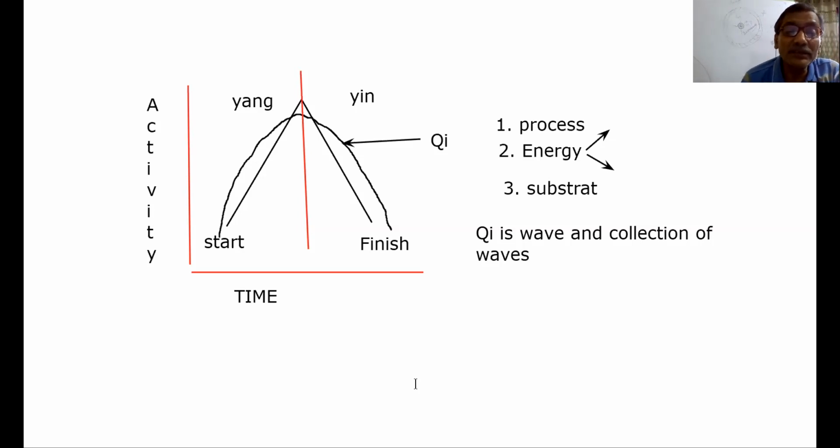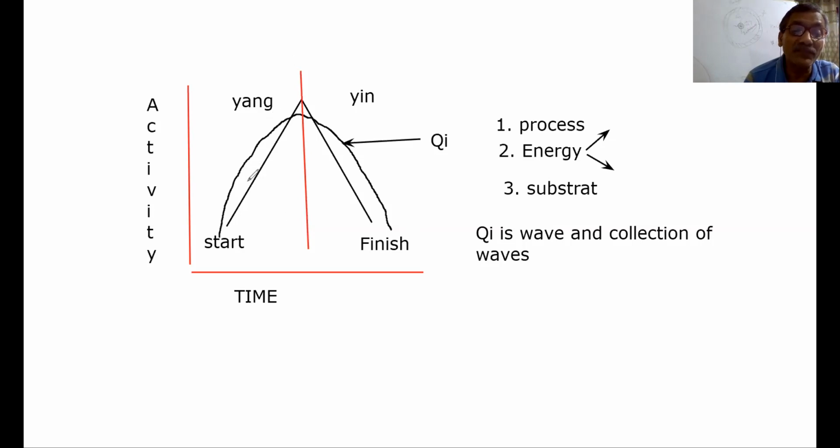So they saw these two halves, and then they saw the yang side and the yin side individually. They found that on the yang side again there are two different stages.